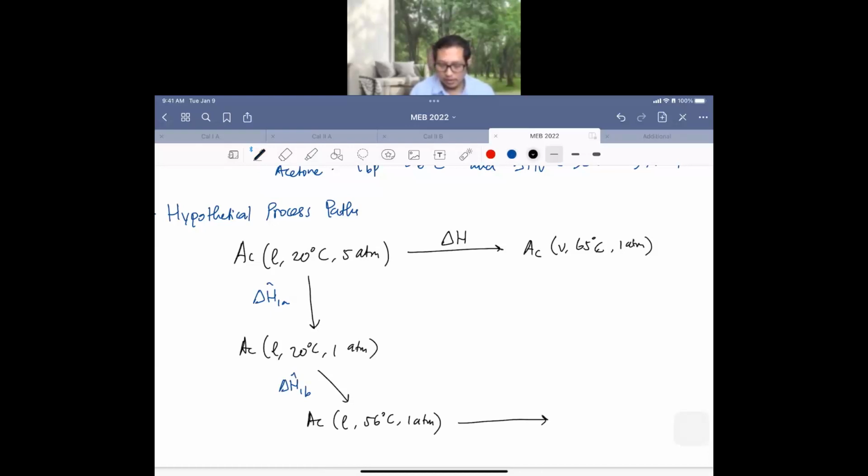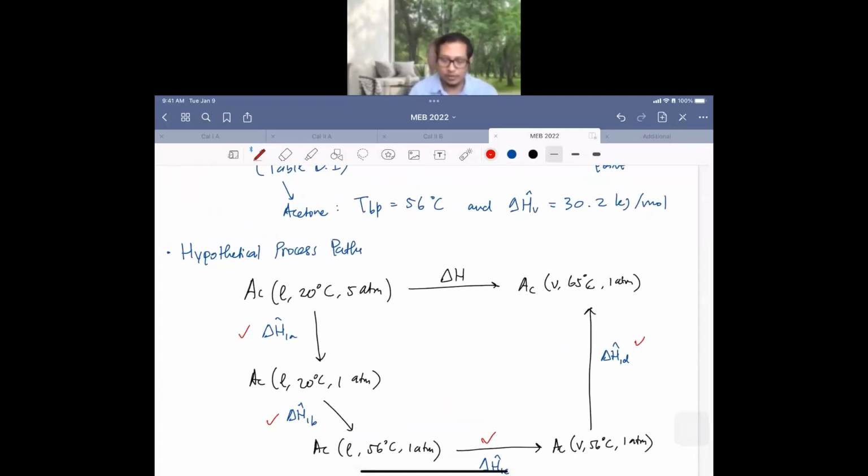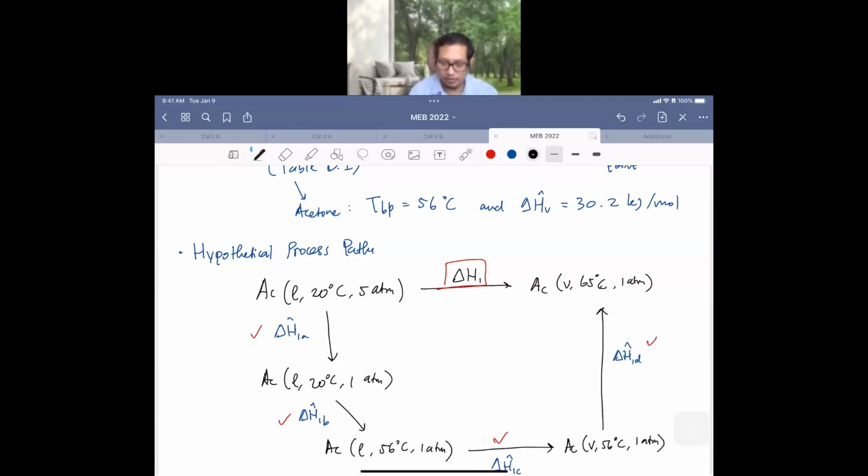Then the phase change to vapor will be delta H1C, and then the final step will be delta H1D. So we need to calculate all these A, B, C, D for our total enthalpy.